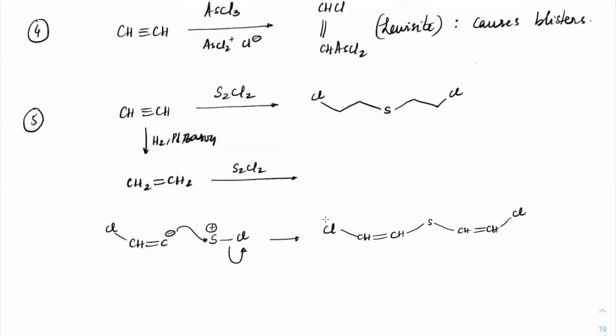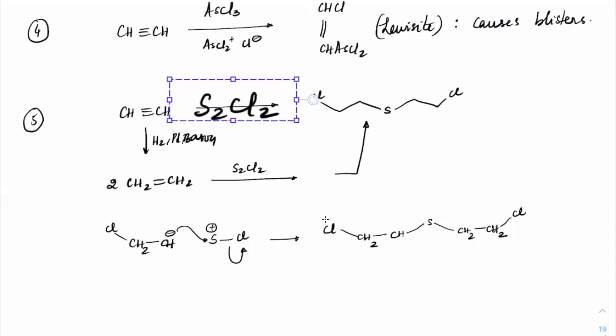From there we will get CH2=CH minus, and this side we'll get CH2CH2Cl. If I take 2 moles of it and react with S2Cl2, we will get this. So I'll write it in 2 steps: first Lindlar's catalyst, and then S2Cl2. From here we'll get this molecule.